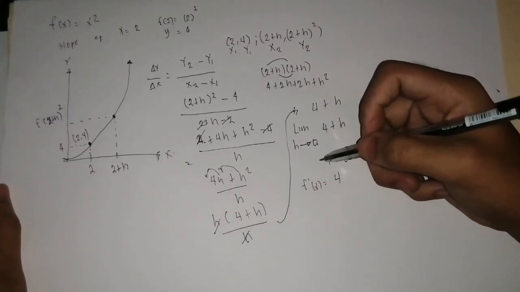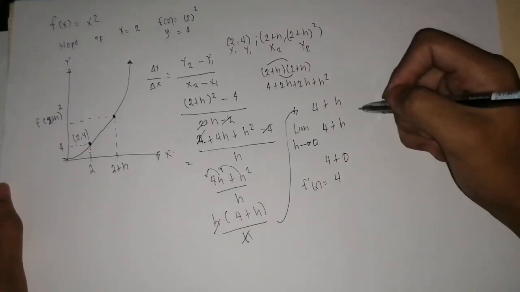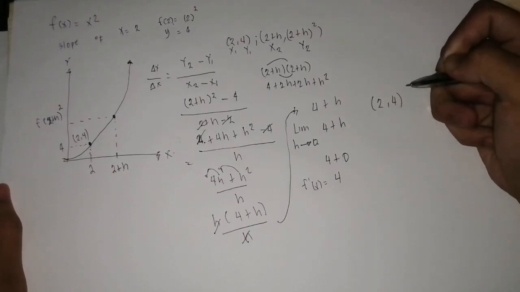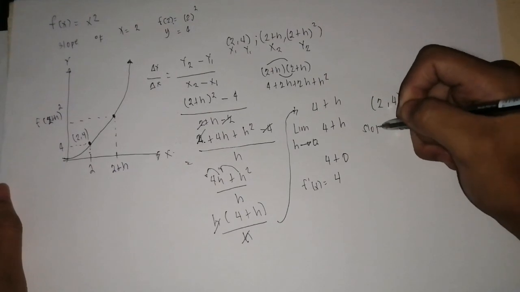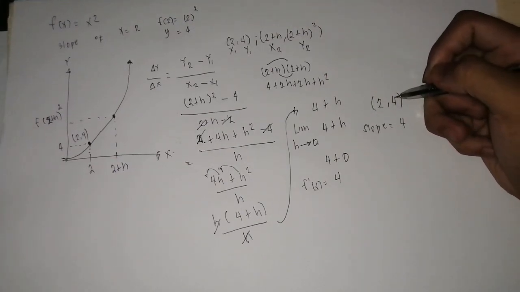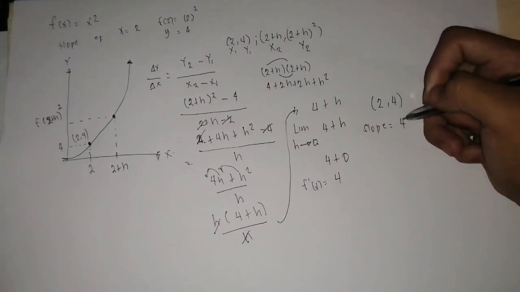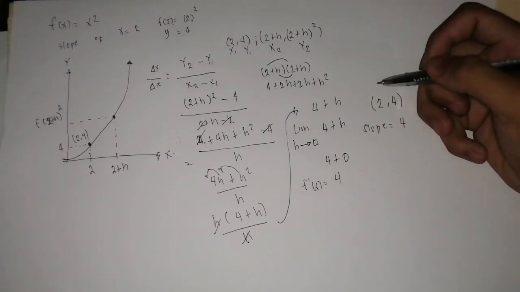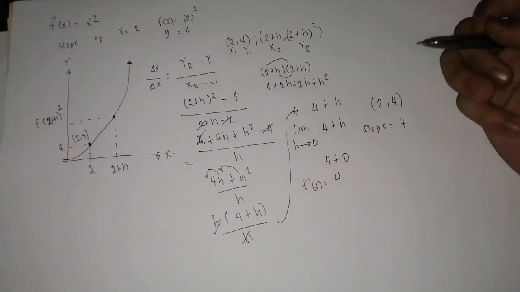So, ibig sabihin, kung ang point natin is (2, 4), kung ito ang point, ang slope niya is 4. So, ang slope natin is 4. At ito ang slope ng x squared if x is equal to 2.